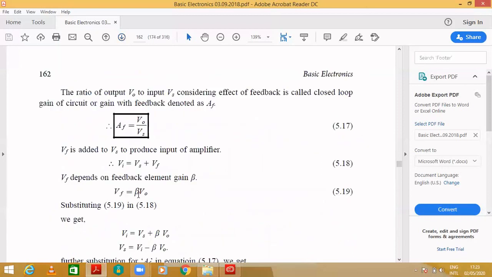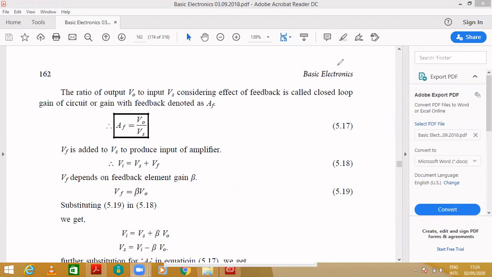Beta is nothing but output by input. The output is Vf, the input is V naught, so Vf will be beta V naught.